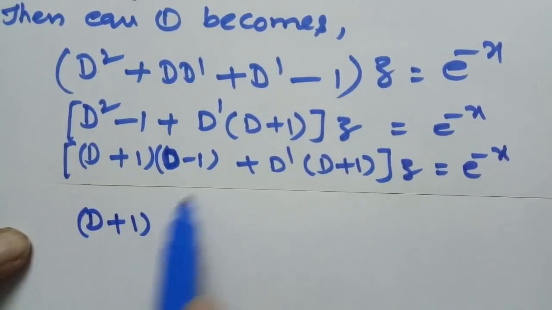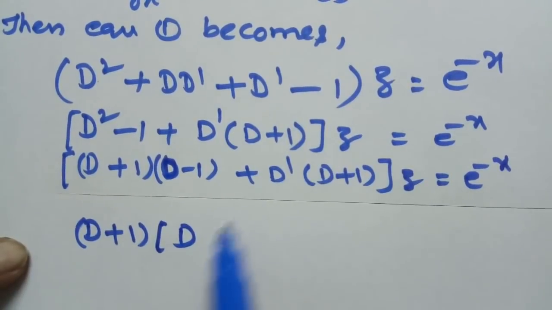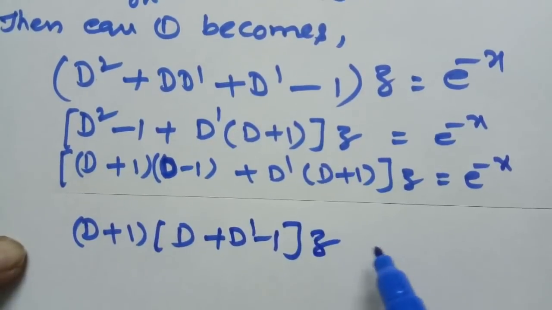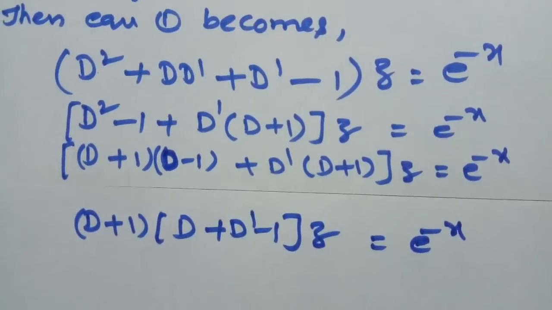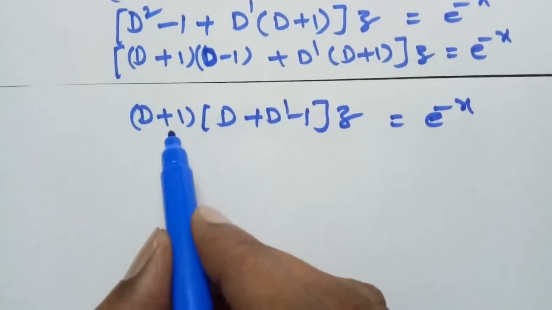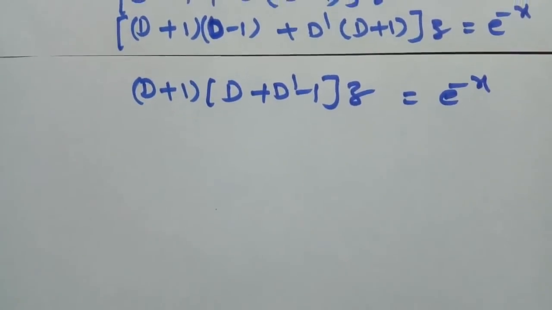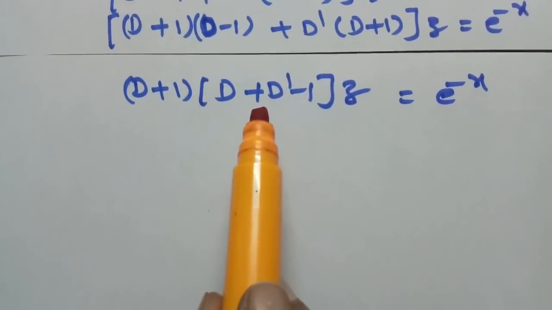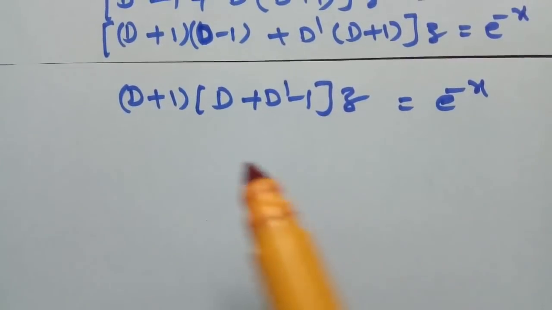So (D + 1)(D - 1 + D') z = e^(-x). Therefore, this is of the form D - mD' - c and D - mD' - c.